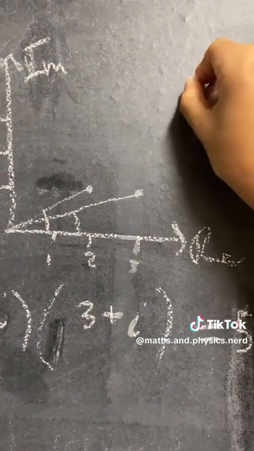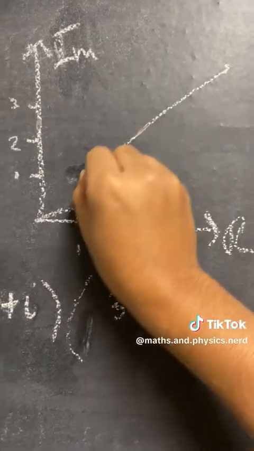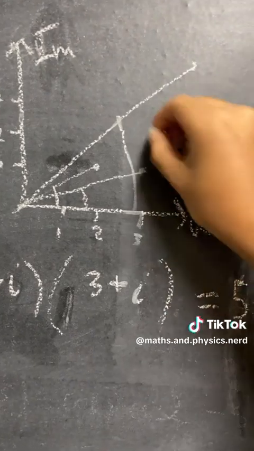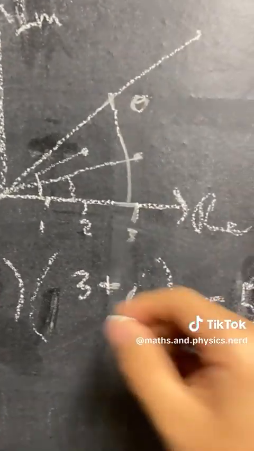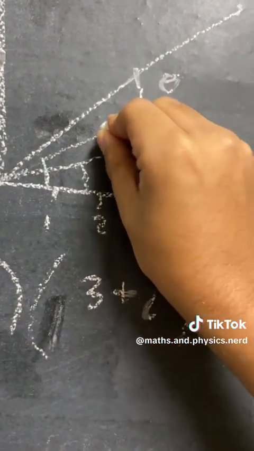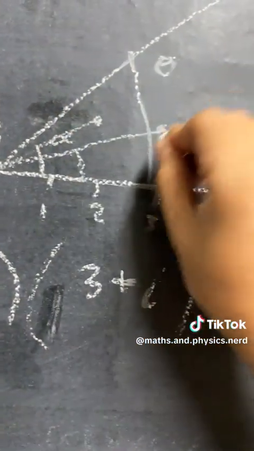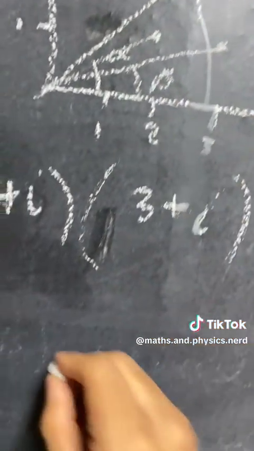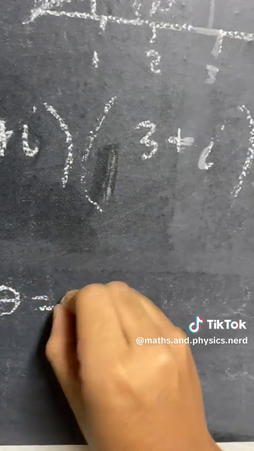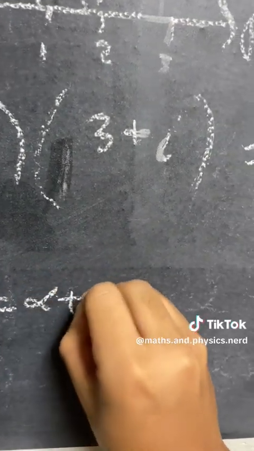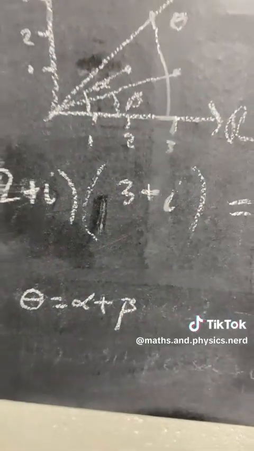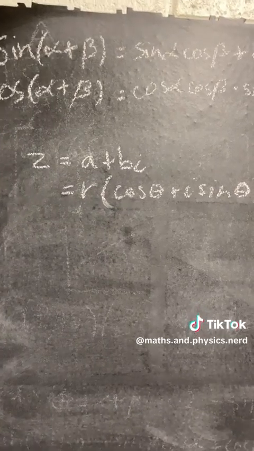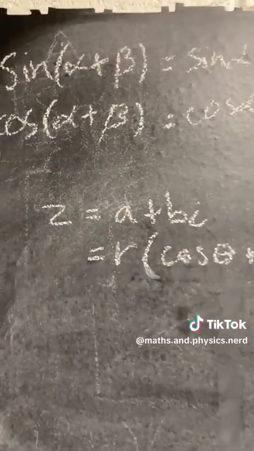And actually, what we would realize if we were to plot this in the same way is that this angle here, let's call this theta. If this is the 2 plus i, we'll call this angle alpha. If this is the 3 plus i, we'll call this angle beta. And theta is equal to alpha plus beta, because when you multiply complex numbers, their angles add.